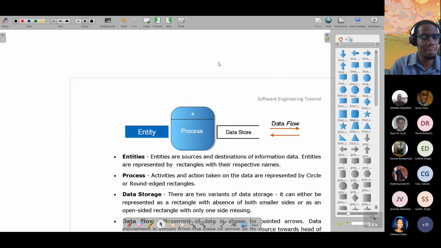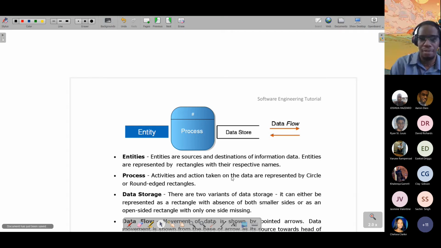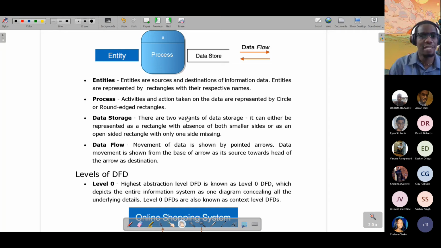Okay, everything else is the same. When we are doing the lower level DFDs, we have the entity, the process, the data store, and the data flow. Okay, so what are each one of these things?